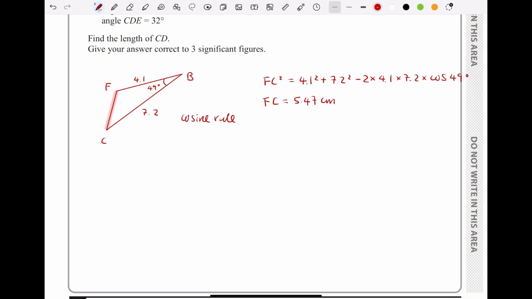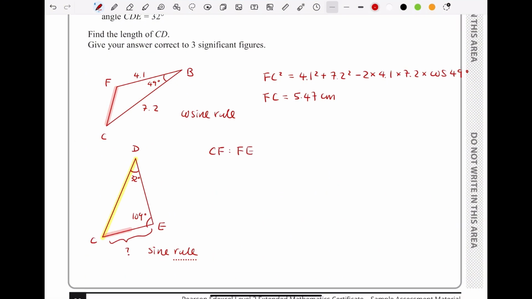Now we also know CF to FE is 3 to 2. Now another way to write a ratio is as a fraction. We can write it as CF over FE is 3 over 2. Now we worked out CF to be 5.47. To work out EF, we can cross multiply, 2 times 5.47 over 3, and that gives us 547 over 150.